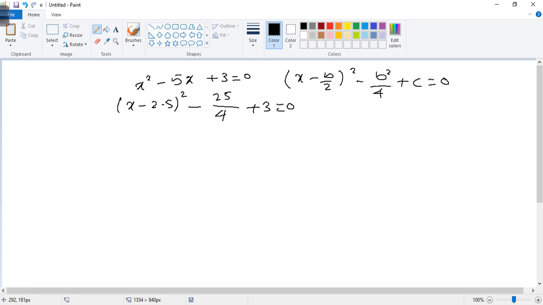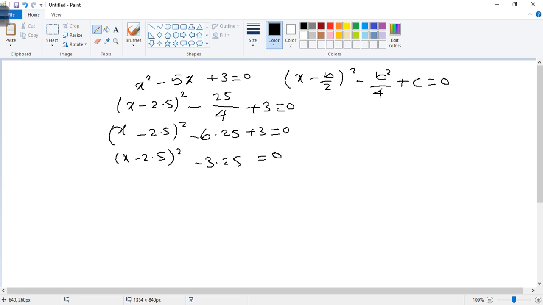We keep simplifying. x minus 2.5 squared and minus 25 divided by 4, it will be minus 6.25 plus 3 equals 0. So x minus 2.5 squared minus 6.25 and plus 3, it will be minus 3.25 equals 0.